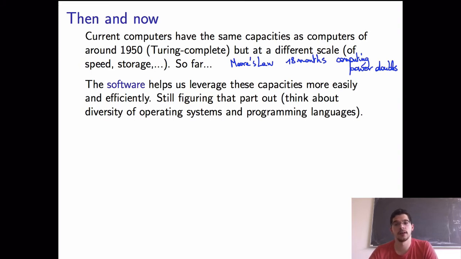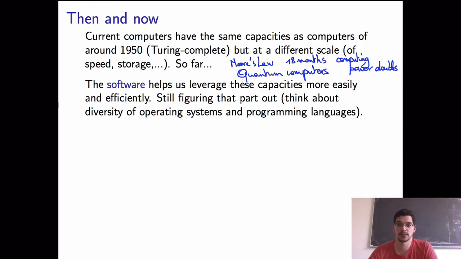So far, there haven't been massive changes in what a computer can do. Just its efficiency has changed. I say so far because some people think a new type of computers called quantum computers will be able to change that and will bring fundamentally new capacities. But those are still prototypes and they're still not used widely or expected to be used widely in the next 10 years, let's say.